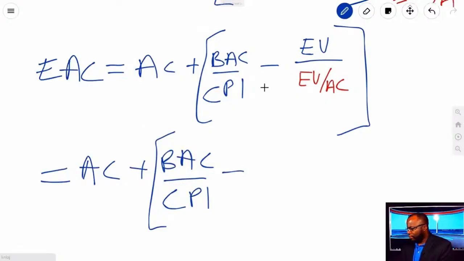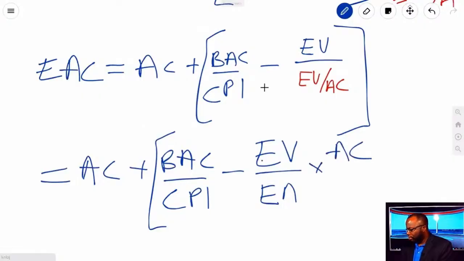AC is now going to become EV divided by EV times AC. That is really what this becomes.